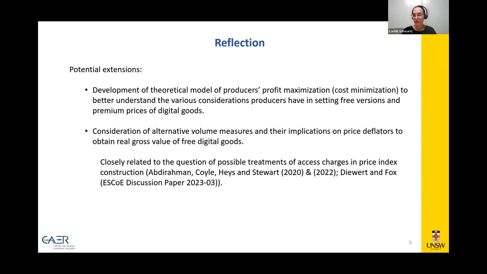Now, if we use a different volume measure, such as time spent using a free digital product, then the price deflator at the household level will depend also on changes in time spent, and this in turn will feed into the price deflators at the aggregate level, in addition to the changes in the number of subscribers. I think this issue is important because, as was demonstrated by the excess charges literature, there are different possible treatments depending on the choice of a volume measure, and this should be taken into account in this context as well.